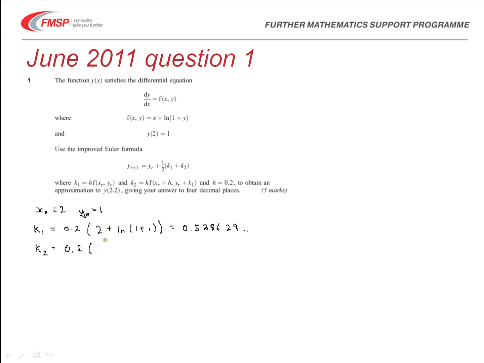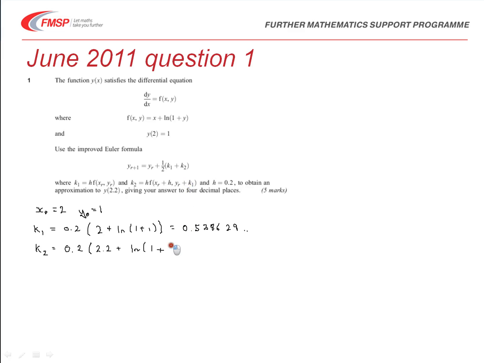So x at the new point, x1, is 2.2 plus ln of 1 plus the y value, which is going to be 1 plus k1.